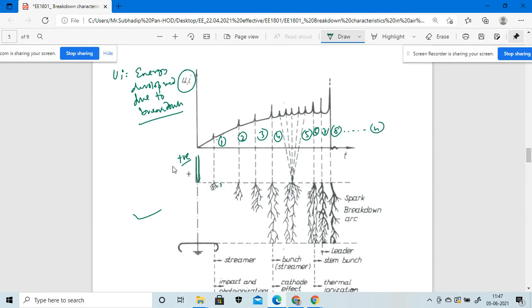This particular thing will be my spark distribution arc. How the spark will be distributed, right?